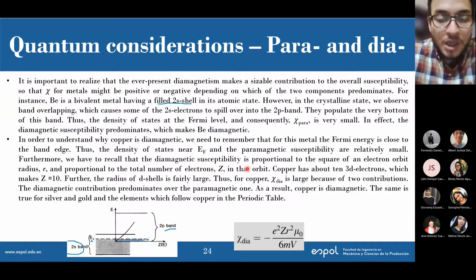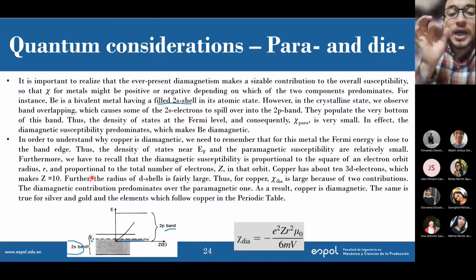Copper has 10 3d electrons. Just go and look at the electronic configuration. That will make the total number of electrons approximately 10.